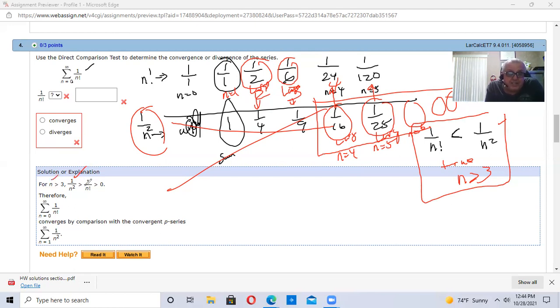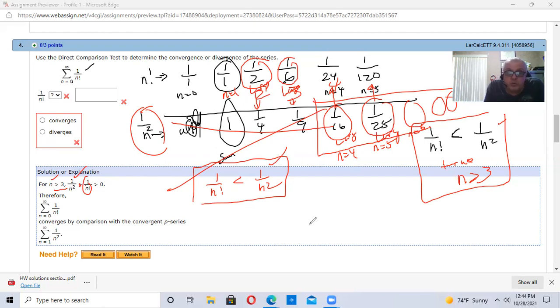And I don't know why they did this backwards, but we should do it the way we've been doing it and the way the theorem says to do it. The 1 over factorial should go on the left. It's smaller. They do it here, with the less than symbol pointing at it. It is smaller, but this is the way we've been doing it. So I don't know why they changed it all of a sudden. So this holds true anytime n is greater than 3.